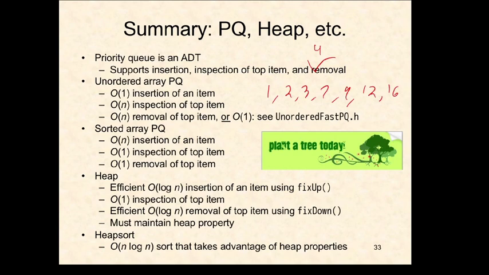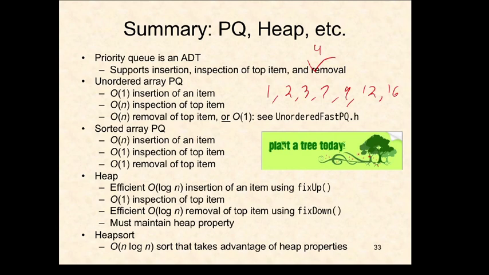So that's where you need one other thing you don't have: how do you find that correct location in log n time? You could write it yourself, you could write a binary search, or you could use the STL. STL has a function called binary search. It returns true or false. Not very useful.